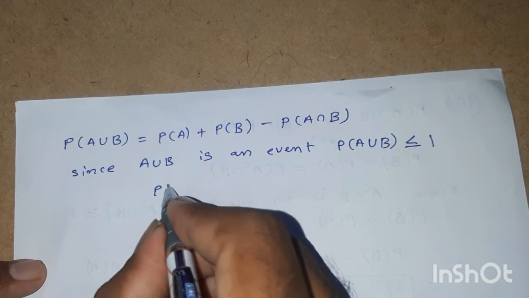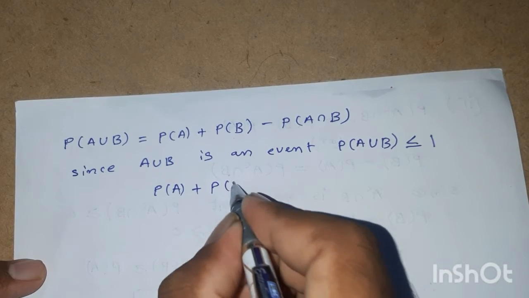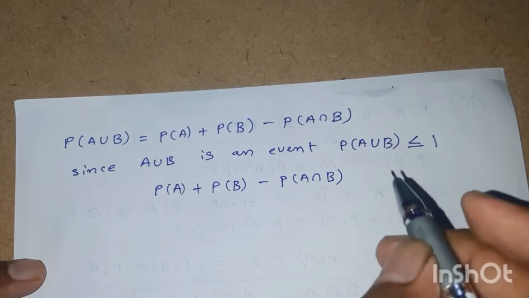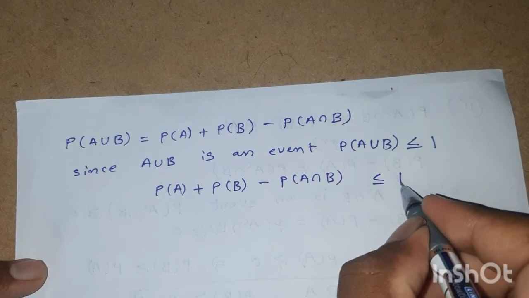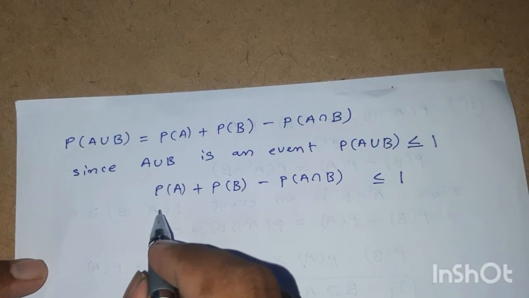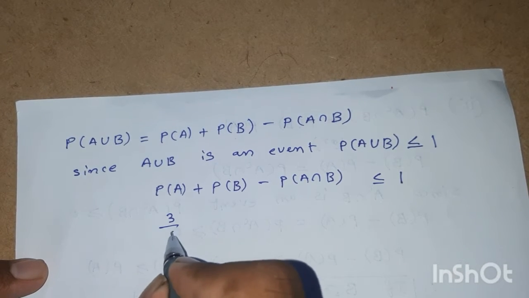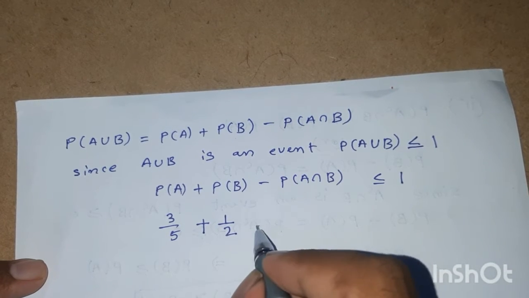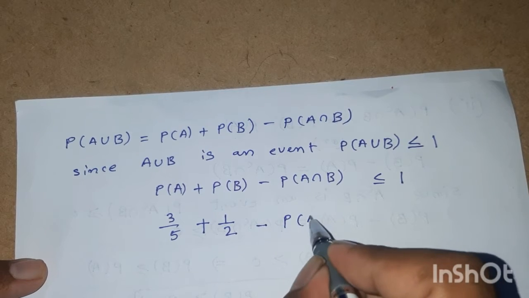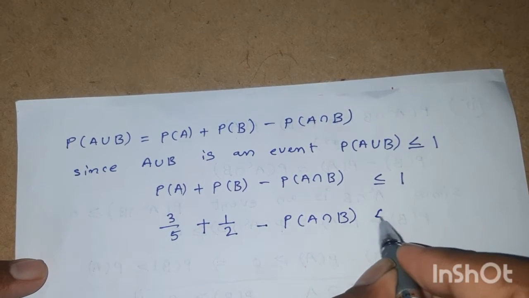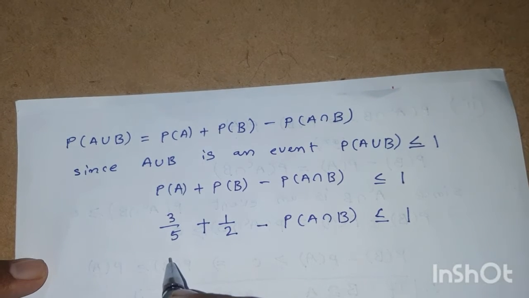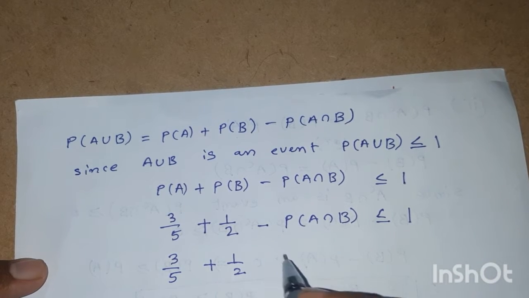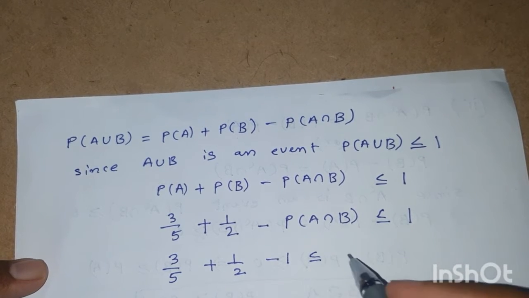Therefore, P(A) + P(B) − P(A ∩ B) is also less than or equal to 1. You know the value of P(A) is 3/5 and P(B) is 1/2 as per the given problem. That is, 3/5 + 1/2 − P(A ∩ B) is less than or equal to 1.